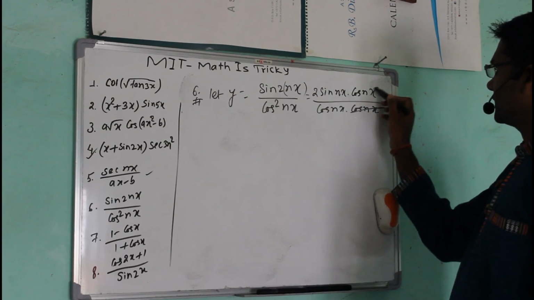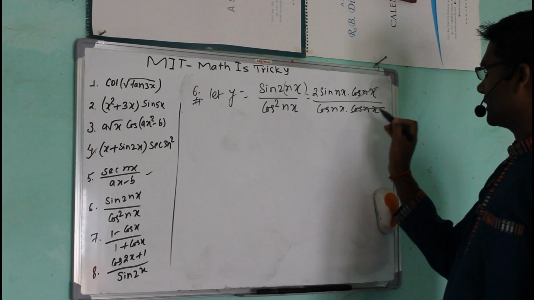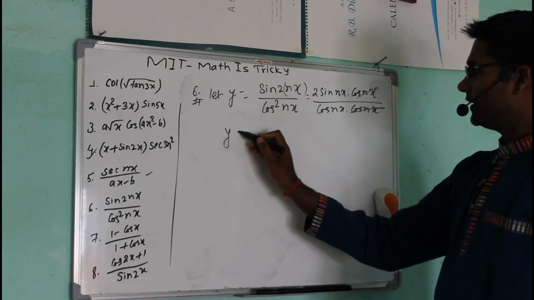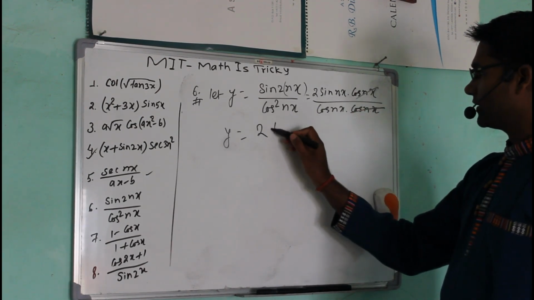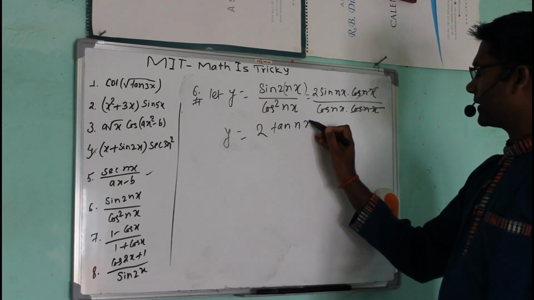Then cos nx and cos nx cancel, so it will be simply y equals 2 sine by cos, which is 2 tan nx.